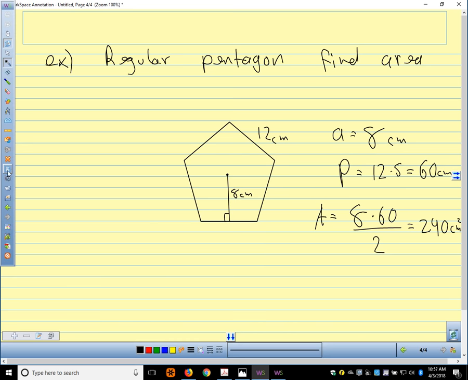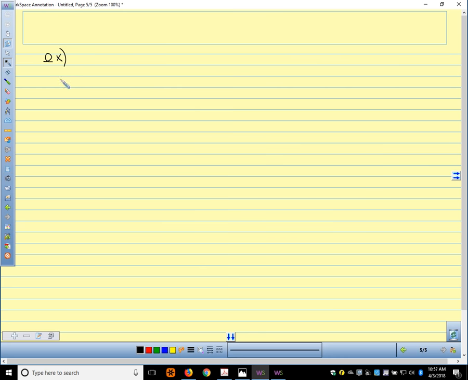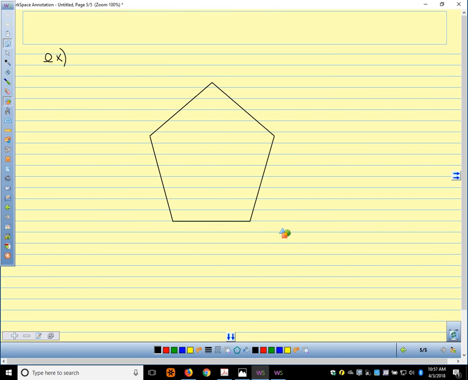Now let's look at one that's a little trickier. Stay with a regular pentagon. And I'm going to say this is 11.88 and this is 14. And we want to find the area.